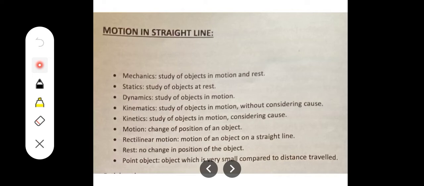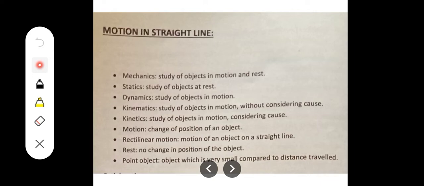Here, while studying about the object which is under motion, we will not consider the cause for the motion. Cause is not important here. But in the case of kinetics, the other word, the study of objects in motion, considering cause. So cause is important here. A reason for the motion of the object, that is important here, and that is called kinetics.